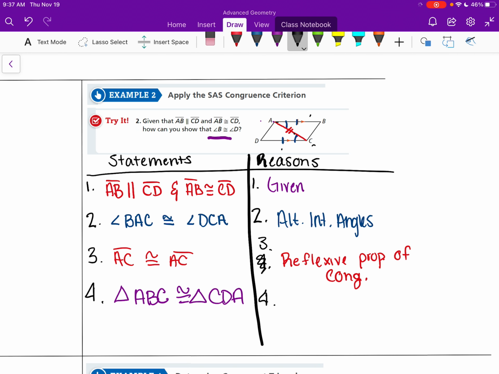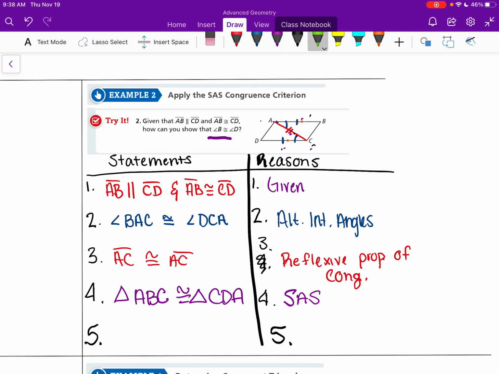Because of our side angle side congruence criterion. And you can literally just write SAS, side angle side. We know a side, an angle, and another side are congruent to a side, an angle, and another side. And therefore those two triangles have to be exactly the same. They are congruent, which will lead us right up to our last statement.